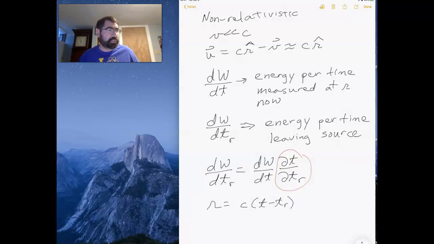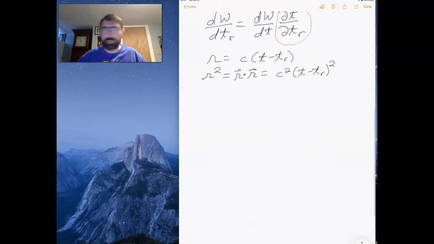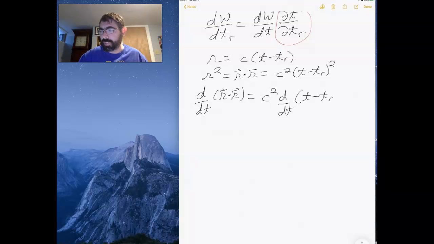I could also square it, so r squared is equal to r dot r, which is the same as c squared times the time difference squared. Now I take the derivative with respect to time of r dot r, which is c squared times the derivative of this time difference squared.